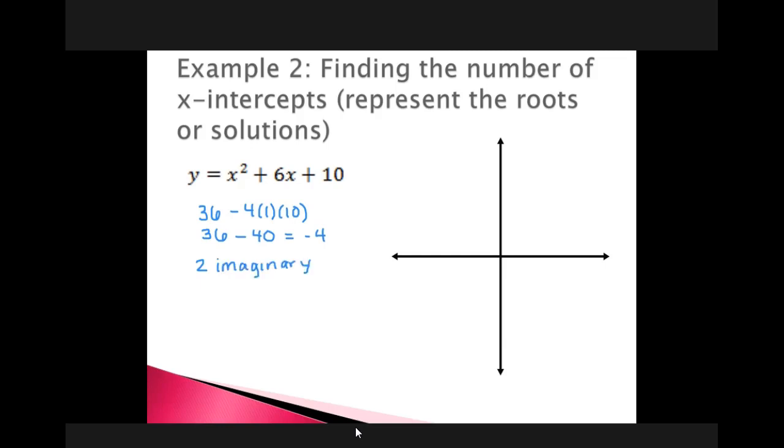If I have 2 imaginary solutions, then my graph has no x-intercepts. So this graph has no x-intercepts. My y-intercept is at 10. And you could quickly find your vertex.